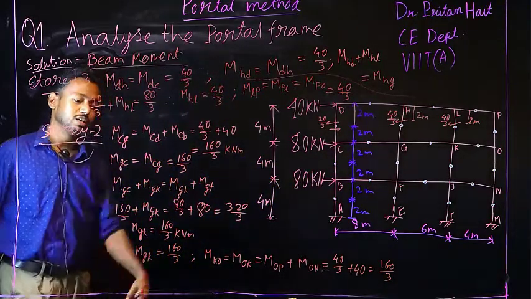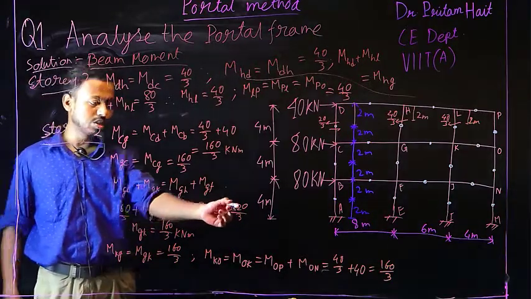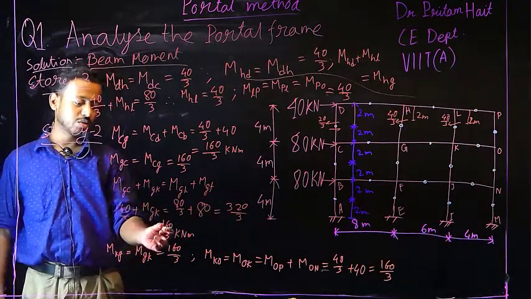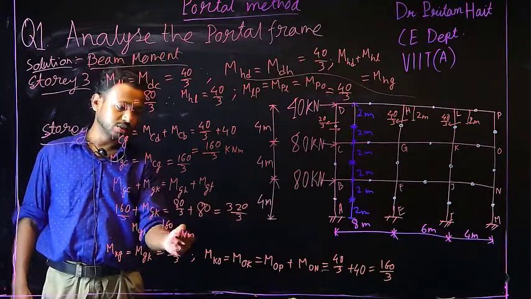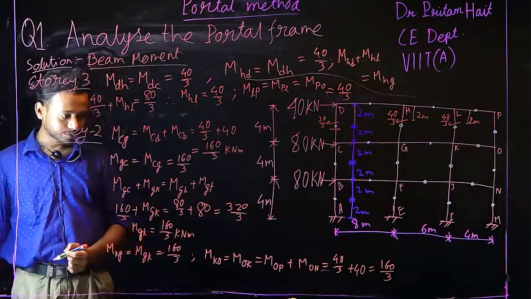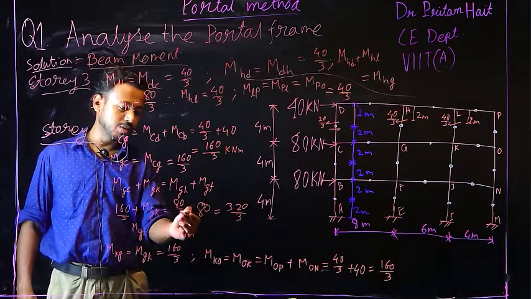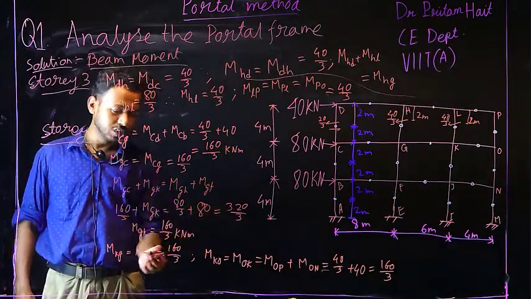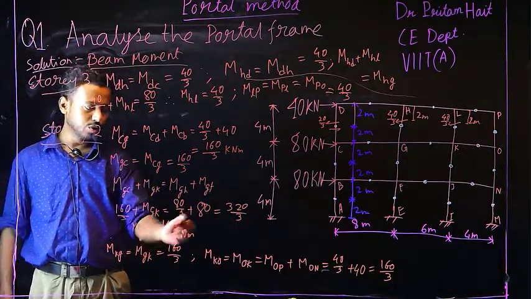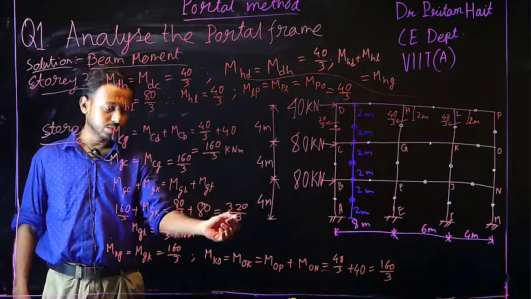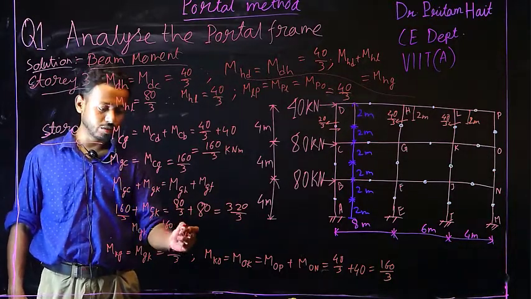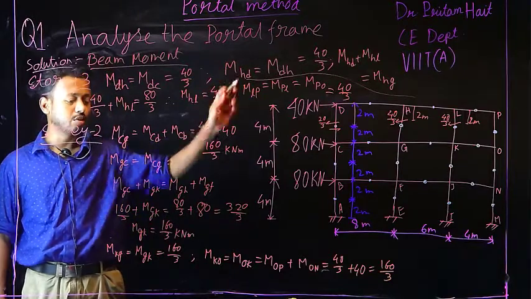So from here you can calculate MGK equals 320 by 3. So this is 80 by 3 plus 80 by 3 plus 80 equals 320 by 3. That means MGK equals 320 by 3 minus 160 by 3 equals 160 by 3 kilonewton meter. All the moments are in kilonewton meter.